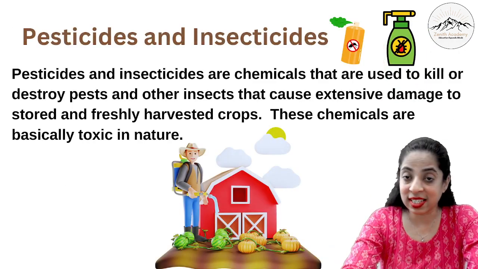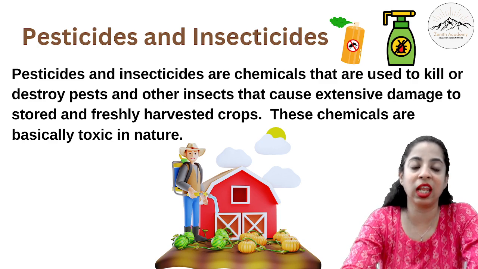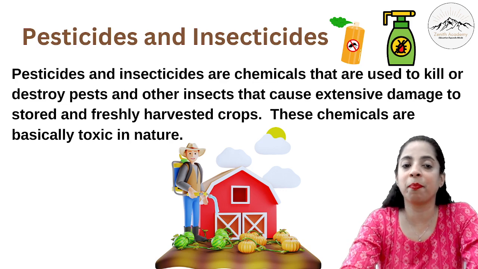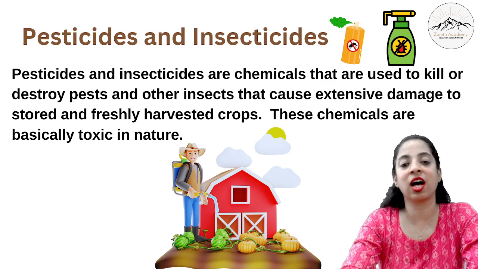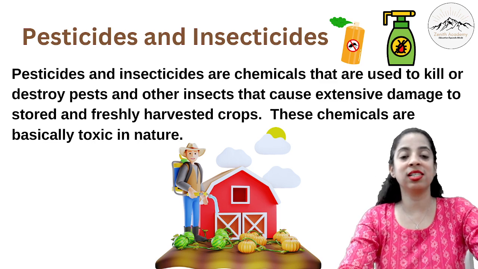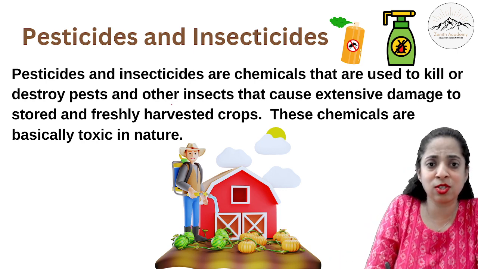Now, pesticides and insecticides. Pesticides and insecticides are those chemicals that are used to kill or destroy the pests and other insects that cause extensive damage to stored and freshly harvested crops. So pesticides and insecticides kill those insects and pests.